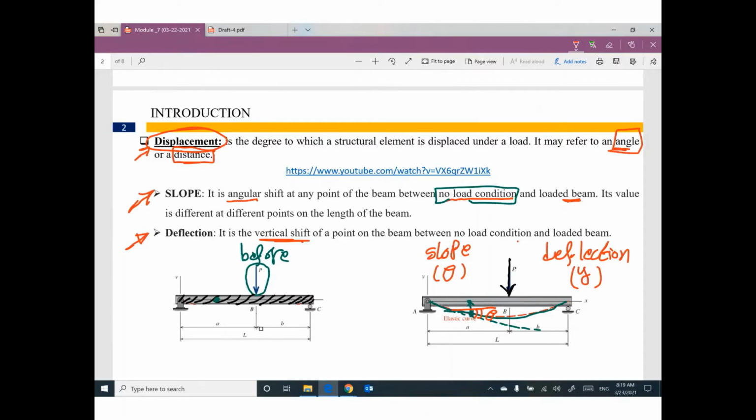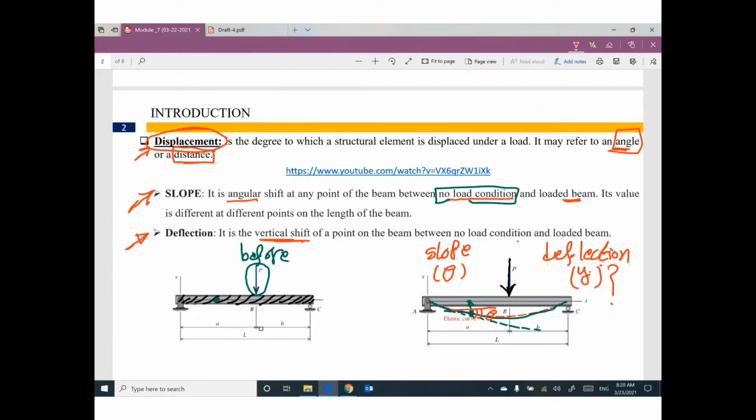I understand you cannot see this deflection and the slope in real life structures, but believe me, in your building right now, in your apartment where you are sitting, there is a deflection, but it's very, very small. But we have deflection.